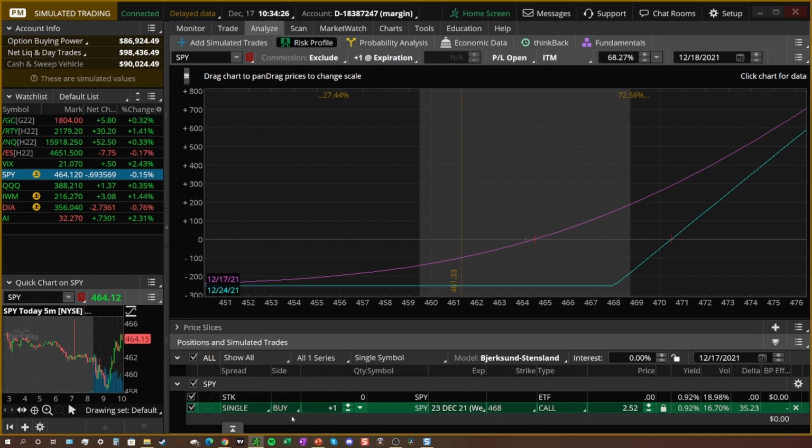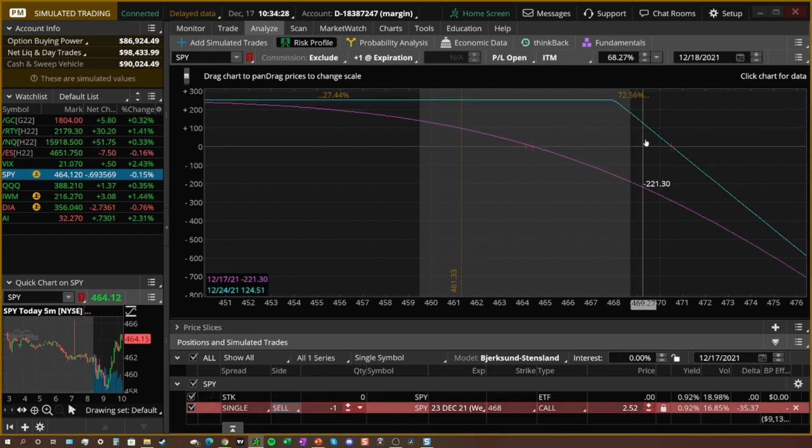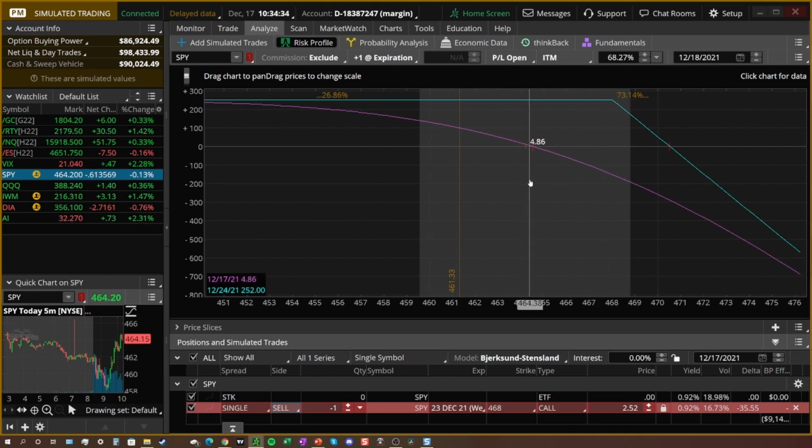So what about if we didn't buy an option? What if we sold this call? Well, it just flips, right? You just flip it on the zero axis here. You have limited gains to the downside.